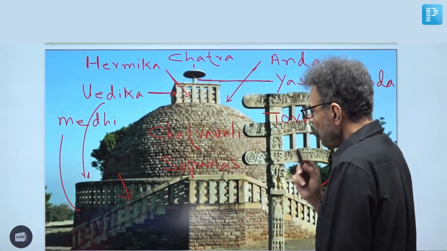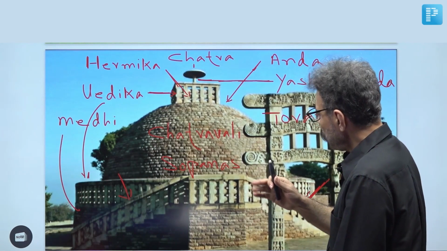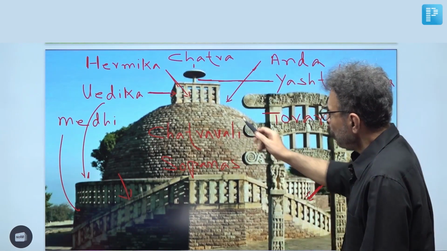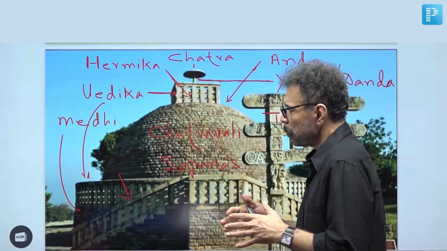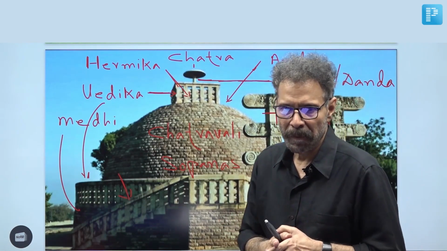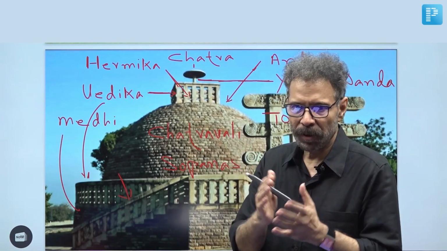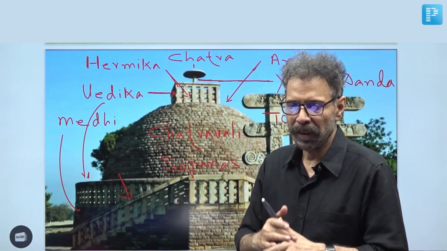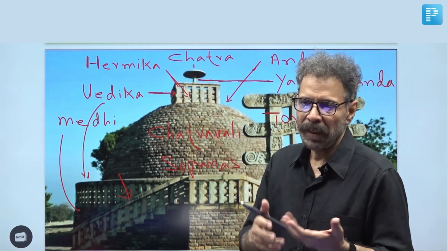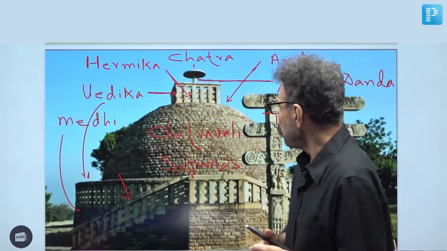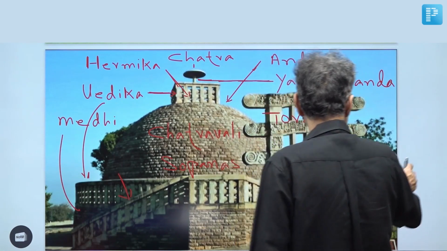Okay. Now I am throwing light on the decorative elements. On the und there are no decorative elements. Normally in the stupas of the Central Indian region, the und part is not decorated and there is no engraving there. But in many other stupas, in other regions, there are engravings on this part also.